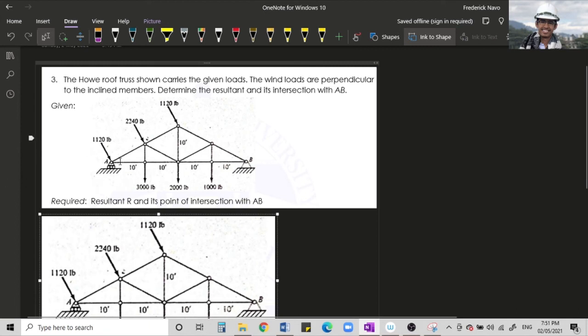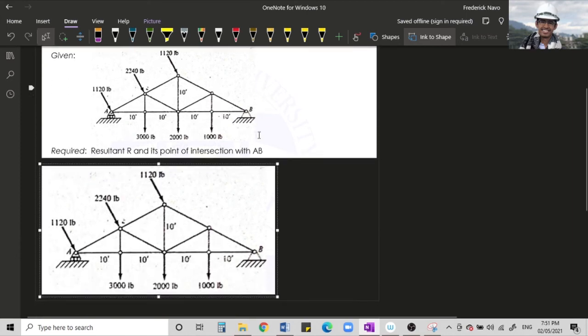And given yung ating mga loading, that is naka-incline dito, perpendicular sa incline ng ating truss. And we have the perpendicular din dito sa kanyang bottom chord. That is 3,000, 2,000, and 1,000 pounds. So, determine the resultant and its intersection.